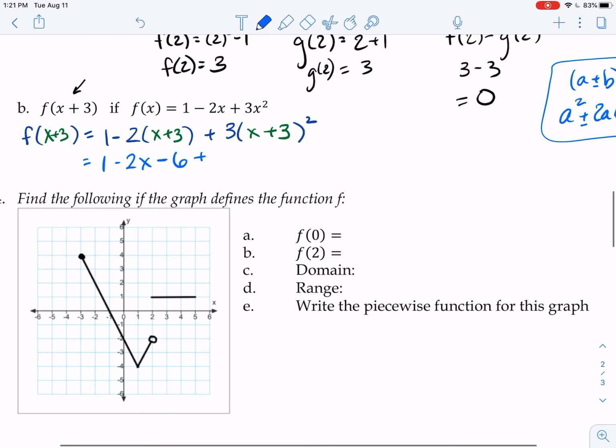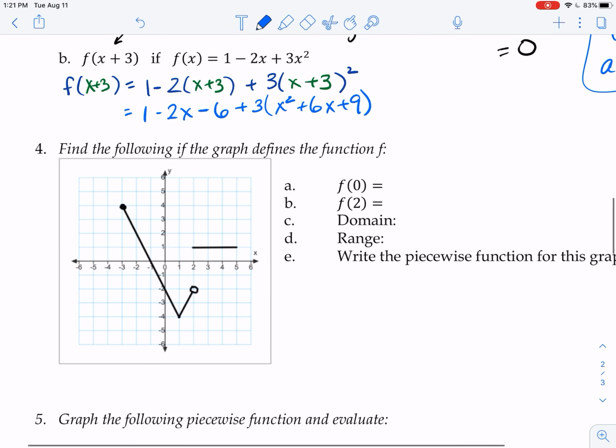Maybe for right now, I will not distribute the 3. Eventually, I'd like you to be good enough you can square it and distribute the 3. Well, maybe not at the same time, but I can, so I didn't mean to brag, but there we go. Now I'm going to rewrite this as I have 3x squared. I'm going to have 18x when I distribute here.